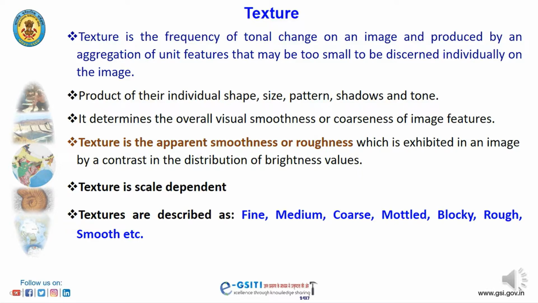What it says is, when you try to see an image, you will be identifying various tonal changes that may be with a high frequency or in a low frequency. That may be in a small or in a large area. It reflects in the form of different shape, size or patterns. It is a combination of all these factors.